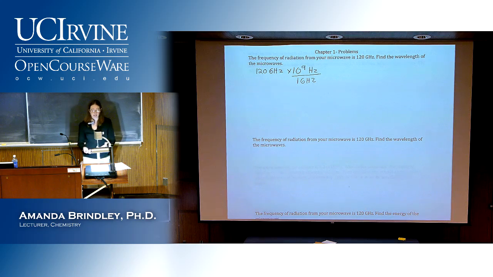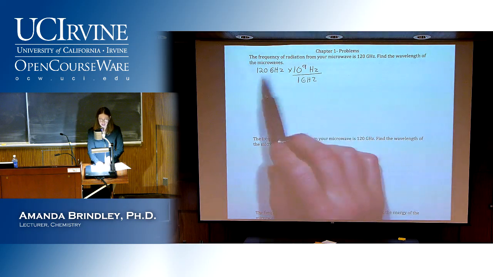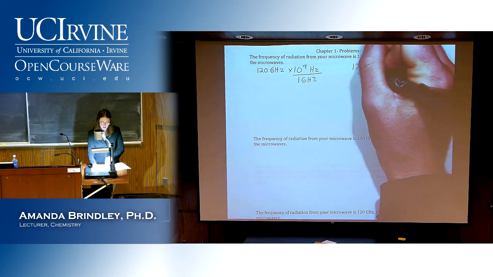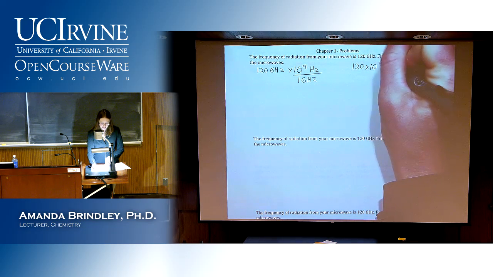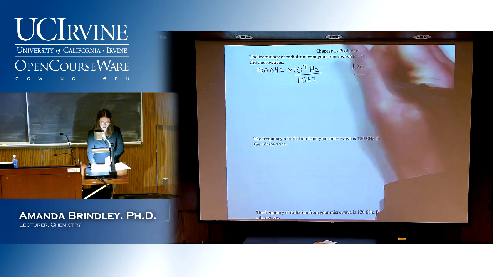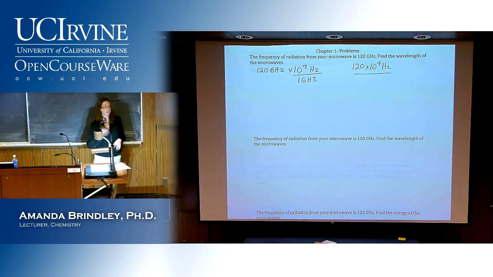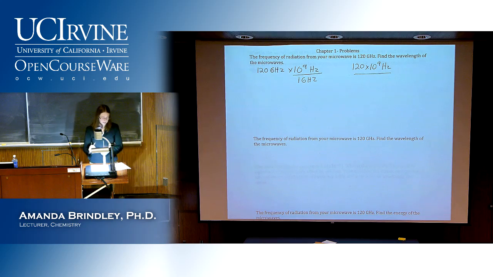You're going to use it in something else. So rather than go through and type that into your calculator and risk making a mistake, it's completely okay to just write out 120 times 10 to the 9th hertz. And then use that for all your calculations. And it saves you a little bit of time, a little bit of button pushing, and a chance to make any mistakes when you're button pushing.